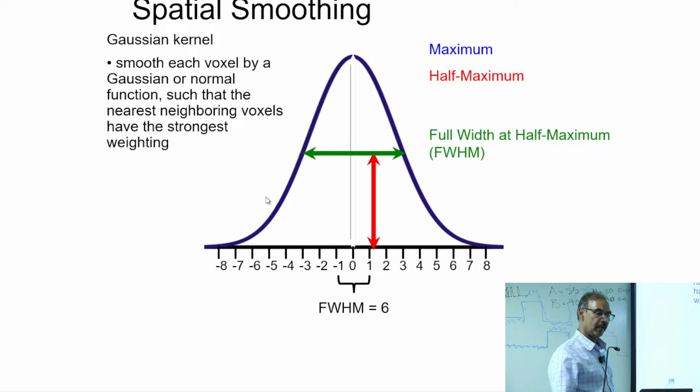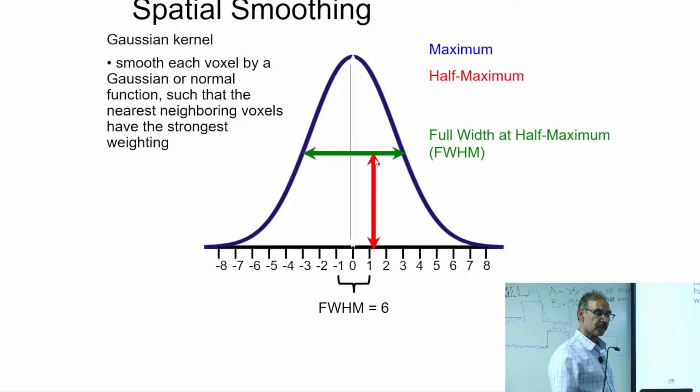What we use is called full width at half maximum, like 6 would mean that the full width at half maximum would be 6.